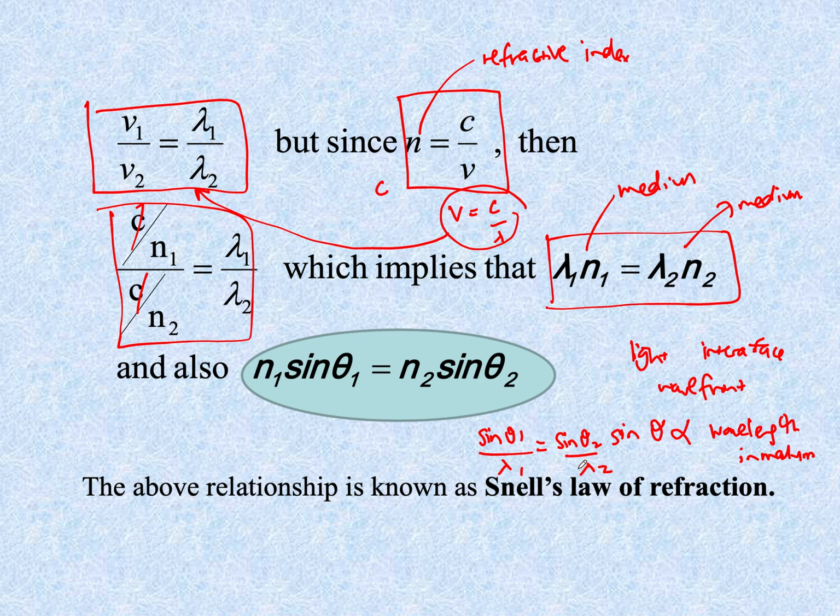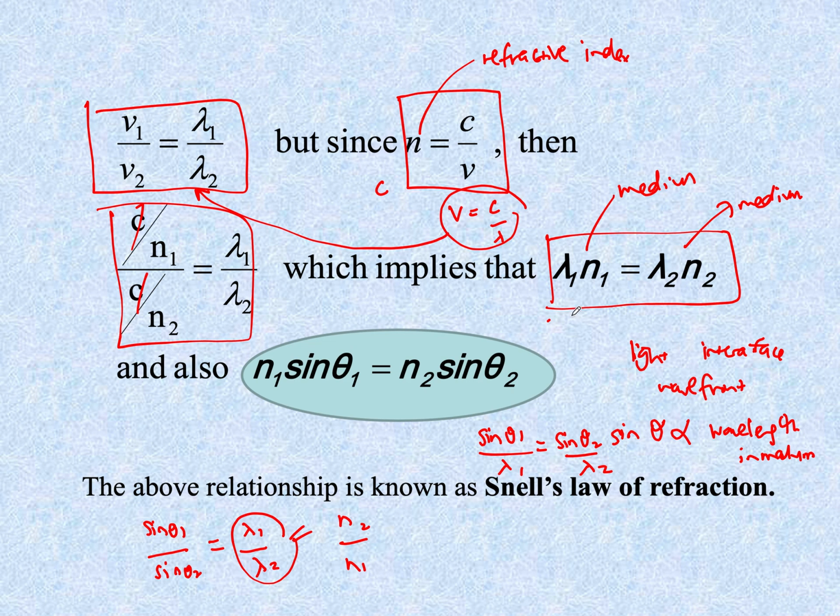Simplifying, sin theta 1 over sin theta 2 equals lambda 1 over lambda 2, which also equals n2 over n1.